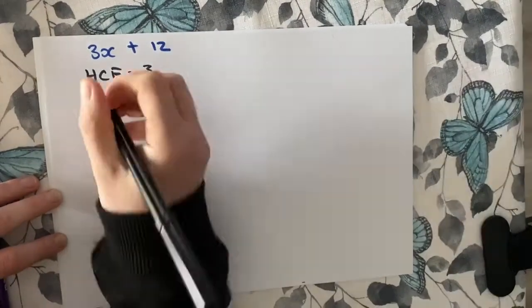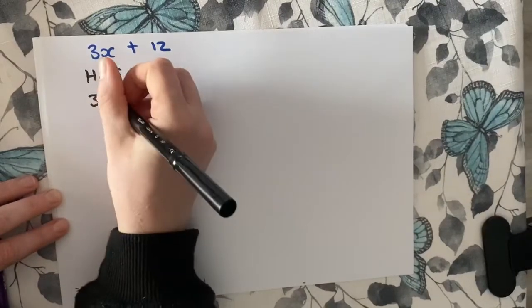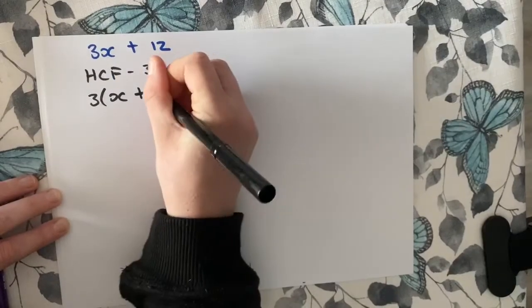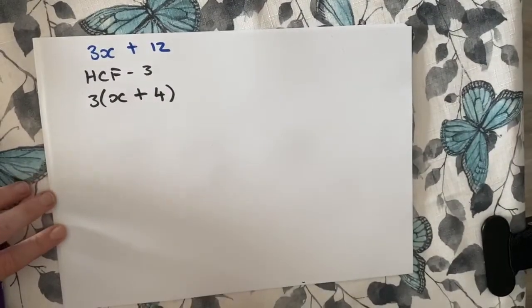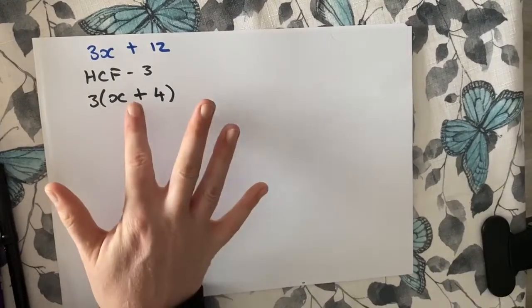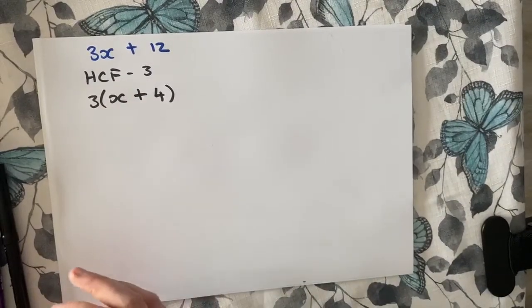So if I put 3 outside my brackets, 3x divided by 3 is just going to be x, plus 12 divided by 3 is 4, and bam, factorised. And we're only ever going to have one lot of brackets at this stage. We're not factorising double brackets.